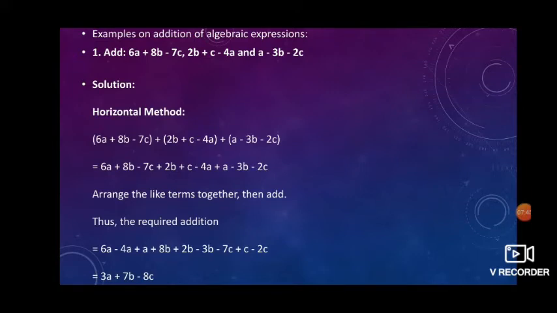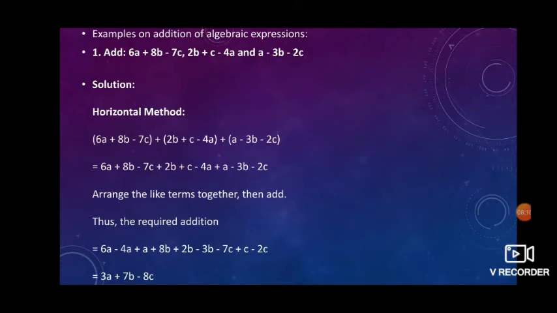Now in the horizontal method, as I told you already, we will arrange all the expressions in one row, and then we will gather, means write together, all the like terms: a terms are one type of terms, and b terms and c terms. So all a terms: 6a minus 4a plus a, and all b terms: 8b plus 2b minus 3b, and all c terms: minus 7c plus c minus 2c.